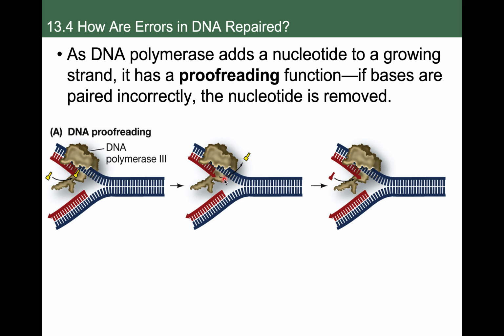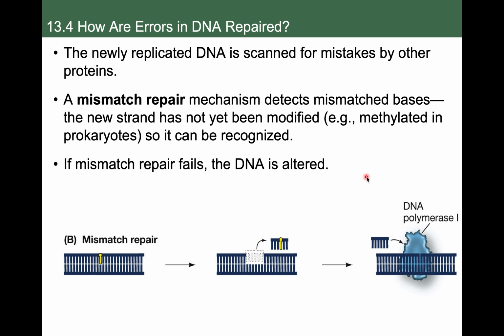So DNA polymerase is very fast, and it's also very accurate, but that's not to say it doesn't ever make mistakes. Sometimes it does, and it misses them occasionally. So you will get some level of mistakes there. So if DNA polymerase was to insert the wrong base, you would end up with what's called a DNA mismatch, right? Where you have this nucleotide pair here that should not be paired together.